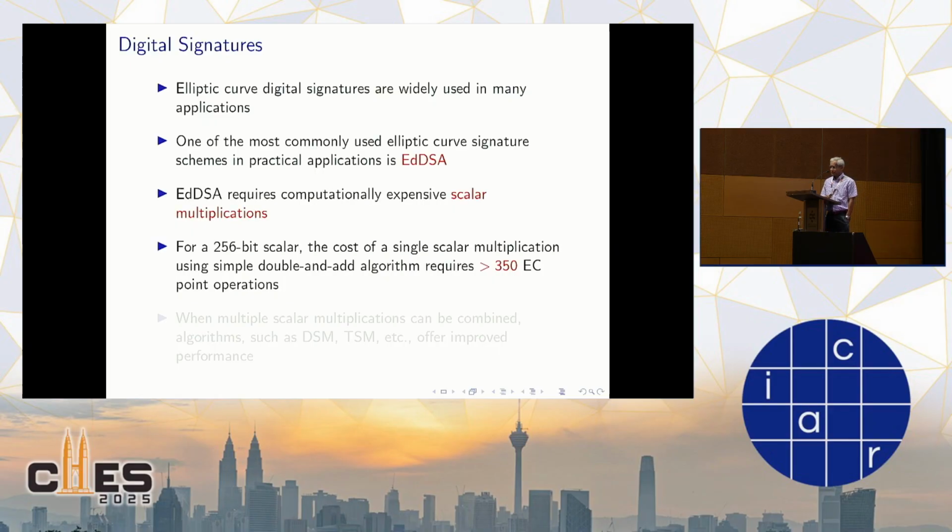For EdDSA signatures, we need computationally expensive scalar multiplications, and depending on the size, the cost can be quite high. For example, if we have a scalar that's 256 bits long, then a single scalar multiplication will require more than 350 elliptic curve operations.